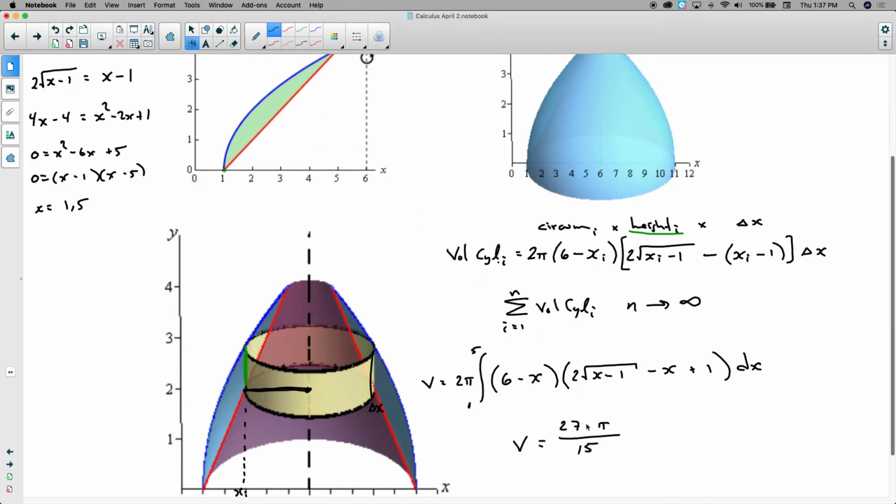Now, if we want to talk about how we would do it by hand, well, it would be epically long, but it would be doable in the sense that we could distribute the 6 to everybody, distribute the negative x to everybody, get a string and break it into a bunch of different integrals. One of them would involve this 12 root x minus 1. That'd be a u sub. There'd be some reverse power rule. That would be fine.